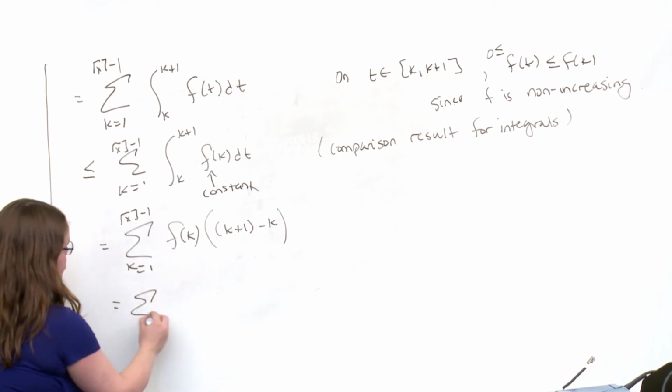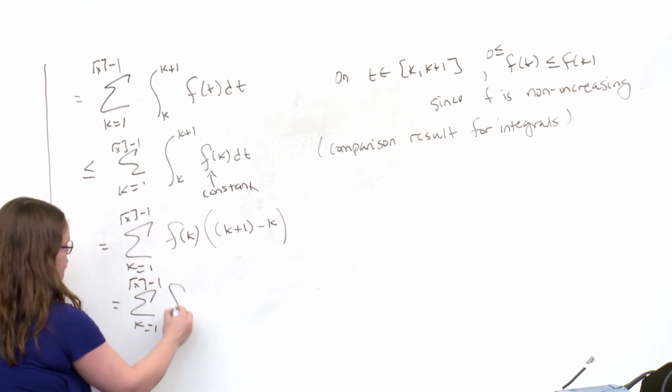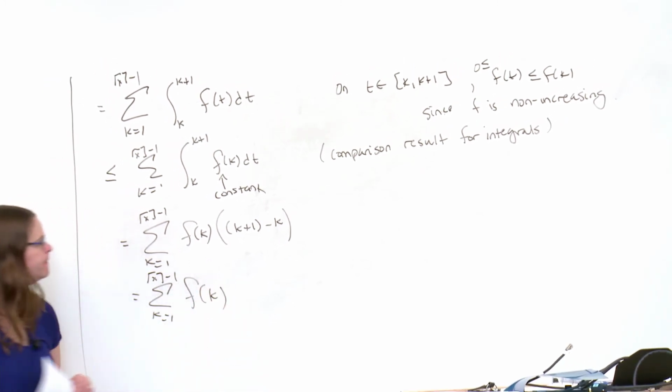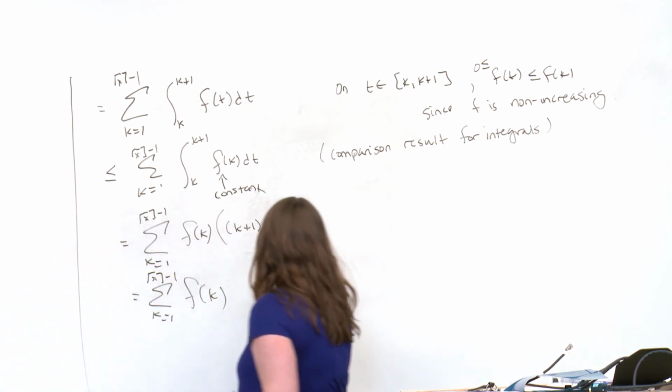Okay, so this is the sum of the first several f of k's. And this should look familiar. What are these? It's almost the original series. It's the partial sums of the original series. So these are my partial sums.